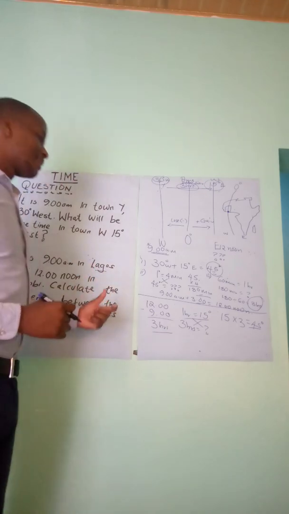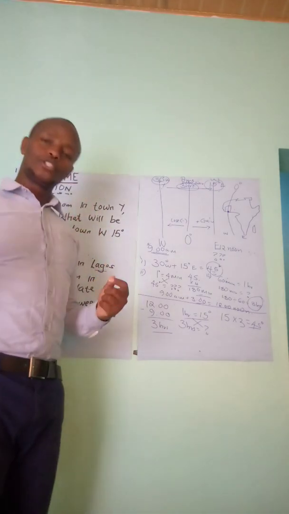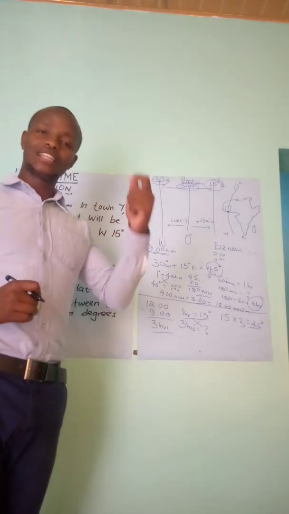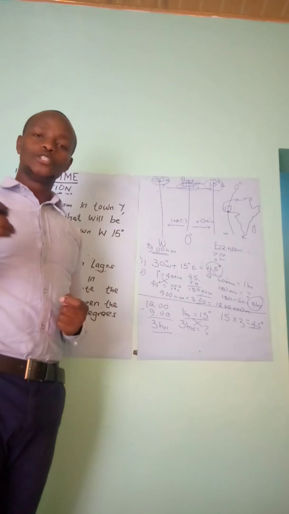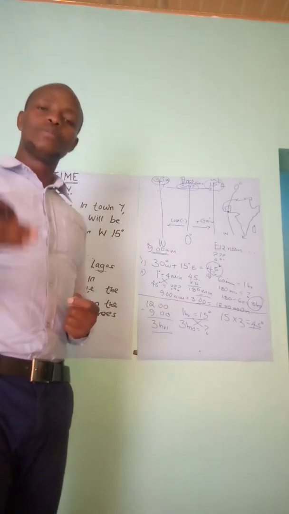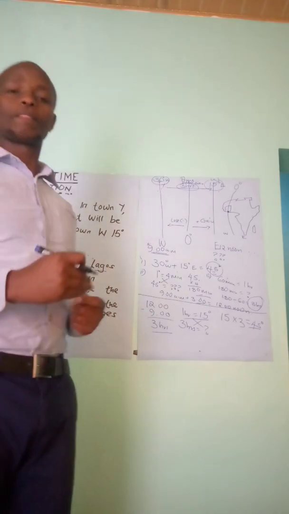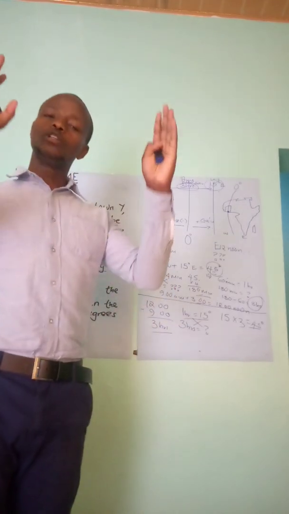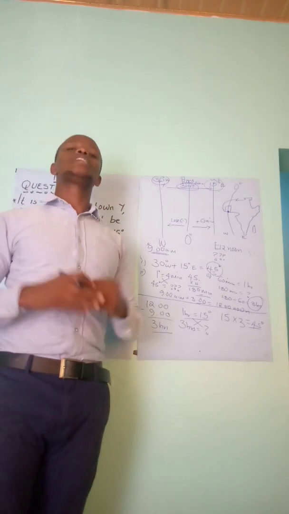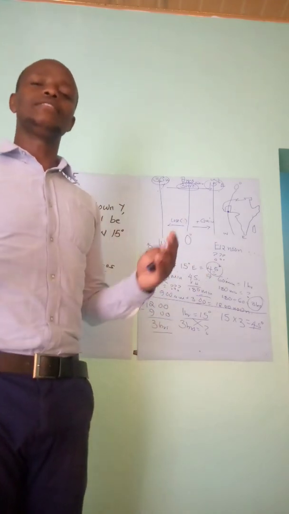Now, rotation and revolution, as we have defined them: rotation as the spinning of the earth, revolution as the movement of the earth around the sun, have their effects. I want you to master 2 effects in each, which I find to be very important.